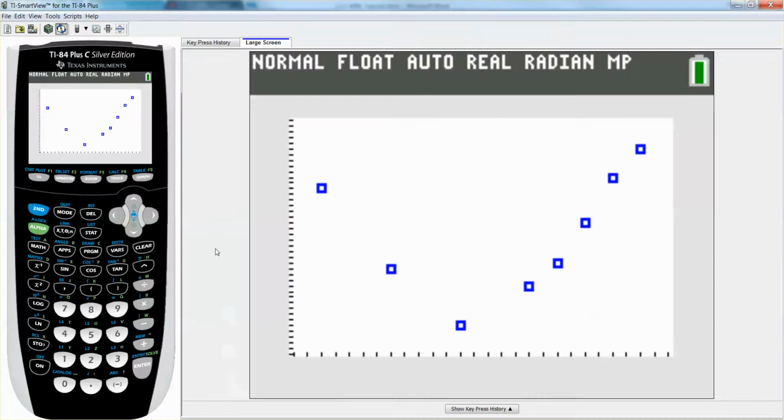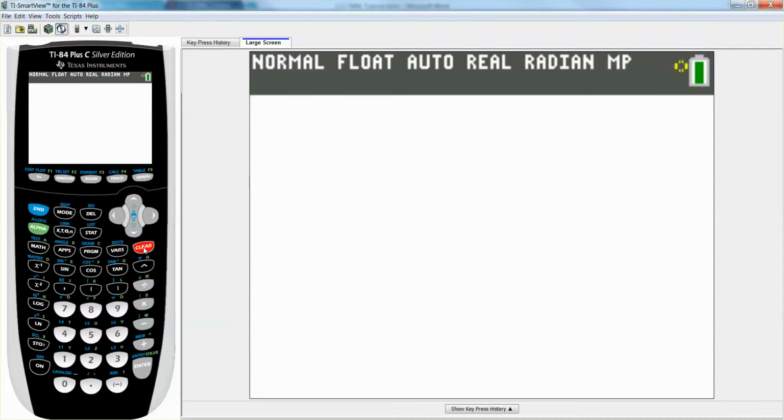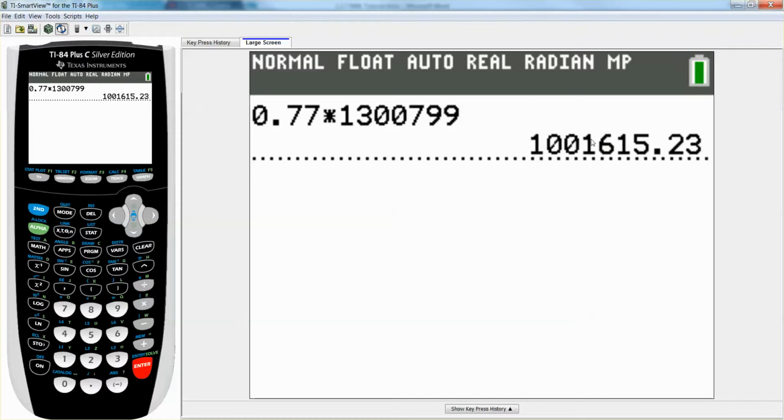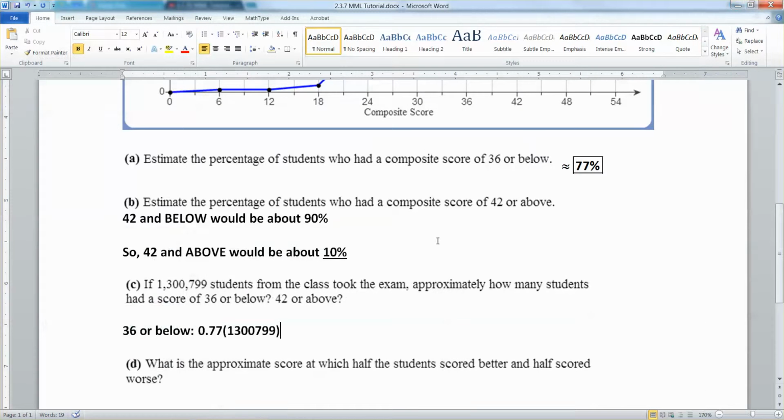I'm going to use a calculator to do that. Clear this out. 0.77 times 1,300,799 gets me 1,001,615. I'll just round to the nearest student because we can't have a decimal of a student.